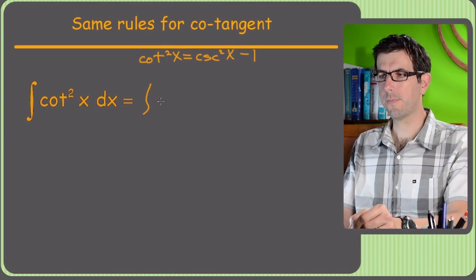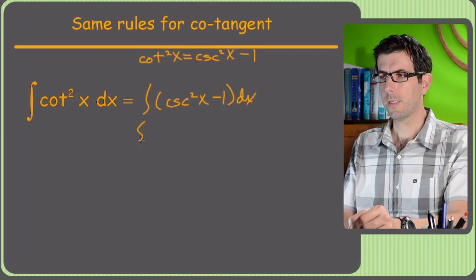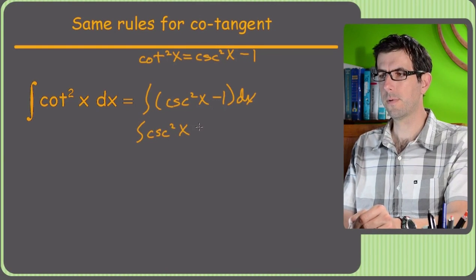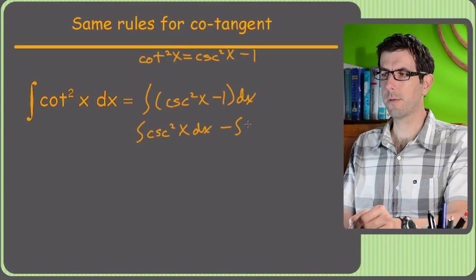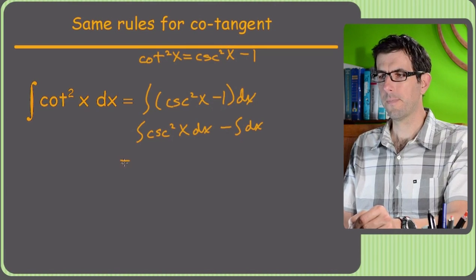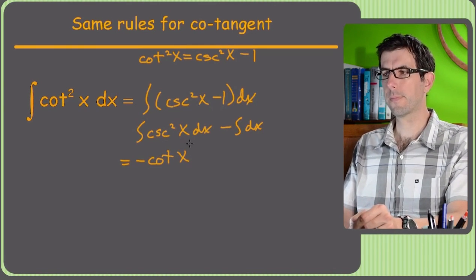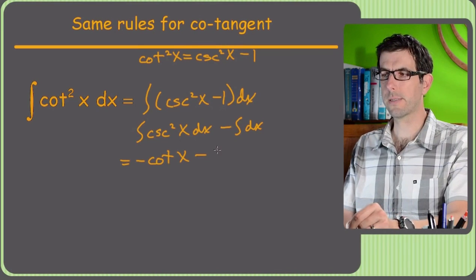So it's going to be the integral of cosecant squared minus 1. So that's the integral of cosecant squared dx minus the integral of just 1 dx. Integral of cosecant squared is negative cotangent x, and dx is just x.